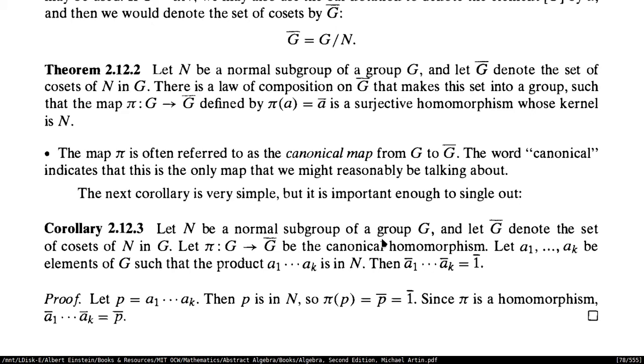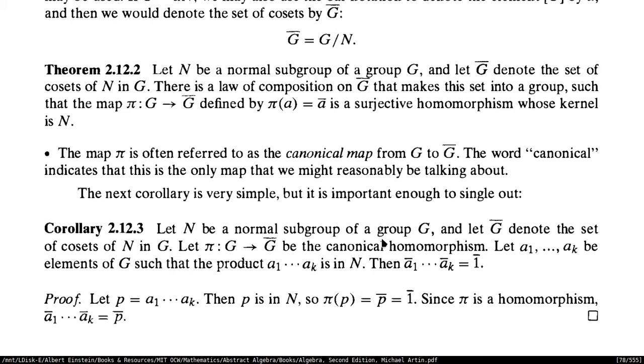Right, so if you represent this whole product with P, so this is the proof, then P is going to be in N, right? So then if you apply the canonical map onto P, you'll get P bar, and P bar is the identity, right?